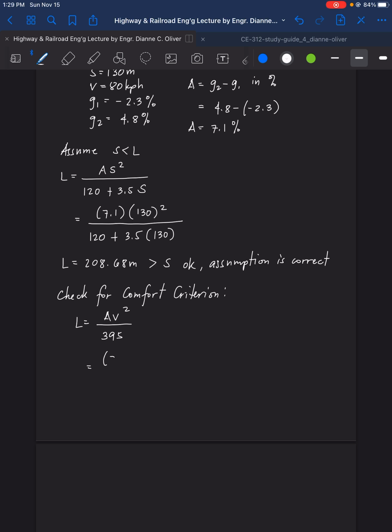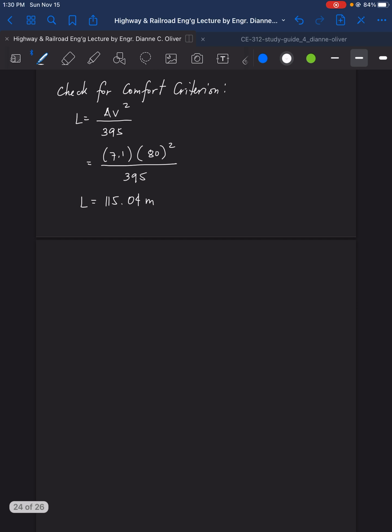A is 7.1. V is 80 squared divided by 395. So L now here is equal to 115.04 meters. Now next, let's check for the appearance criterion.